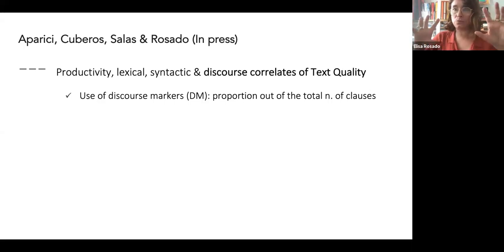We did not come up with them, but rather took them from previous literature. The indicators we're concentrating on today are discourse markers, calculated as a proportion out of the total number of clauses.